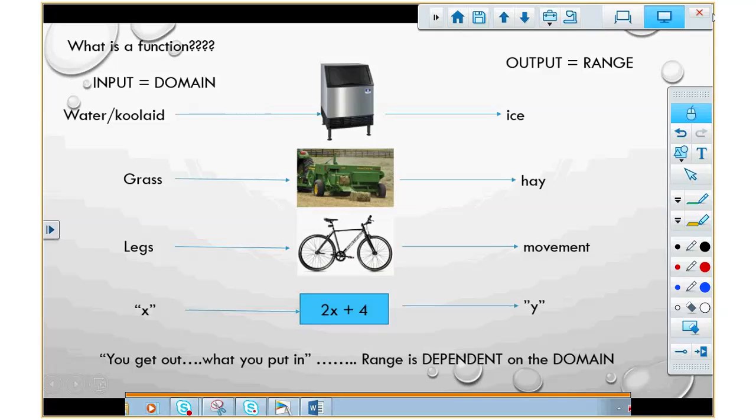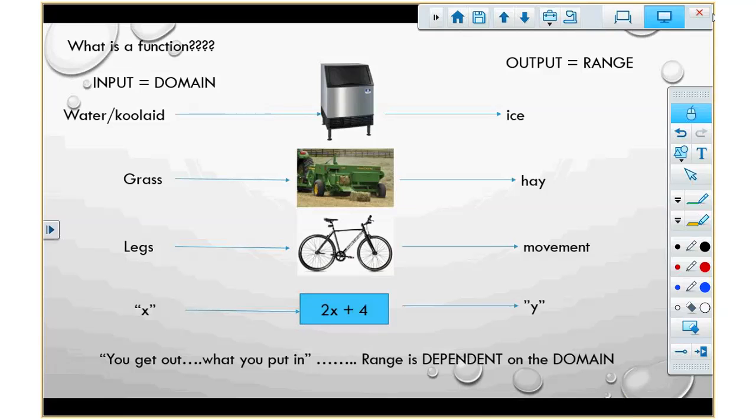What do all of these things have in common? Well, the first is an ice machine, the second is a hay baler, the third is a bicycle, and the fourth is an expression. All of them have one thing in common. They're all functions. When we're talking about a function, we're talking about something that does something. The ice machine makes ice.